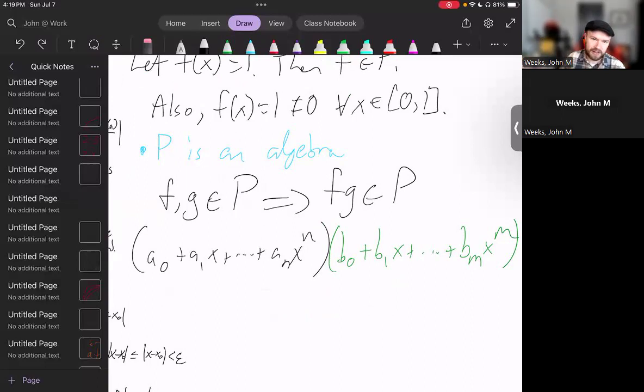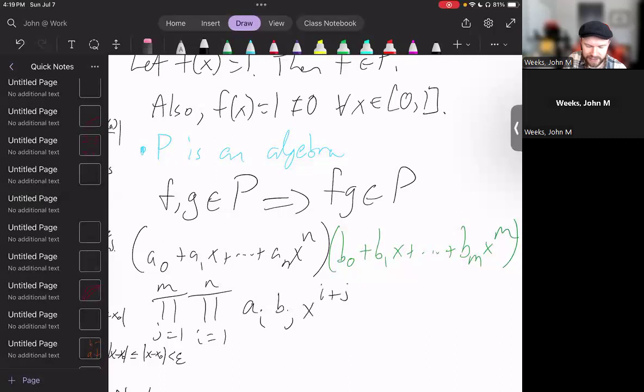If we then distribute back, what we get is the product as i goes from 1 to n, as well as the product as j goes from 1 to m, of all functions of the form a sub i, b sub j, x to the i plus j. So this formula is what this product might look like.